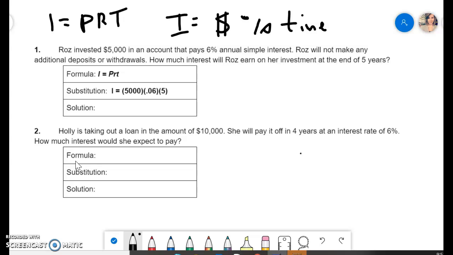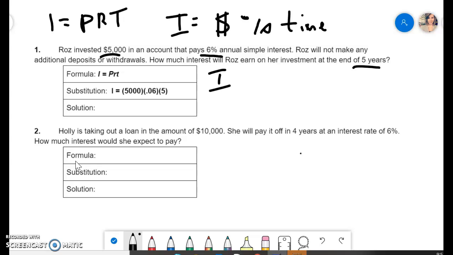So I equals money times percent times time. The biggest thing we always forgot, or that we need to remember, is that we have to change our percent. For example, this has 6% to a decimal. Otherwise, you are multiplying. So I equals PRT, that's the formula.